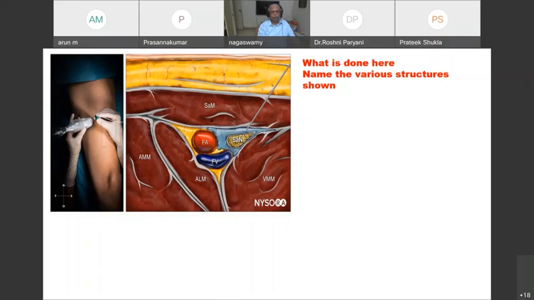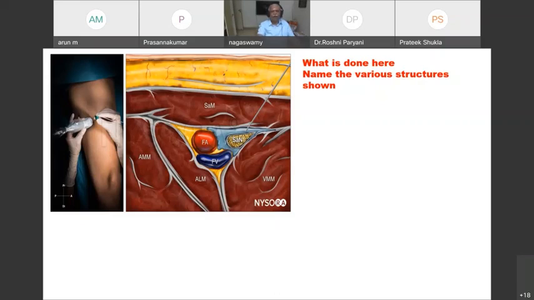And it is bounded medially by adductor magnus and adductor longus, sir, and laterally by the vastus group of muscle, mainly the vastus medialis.